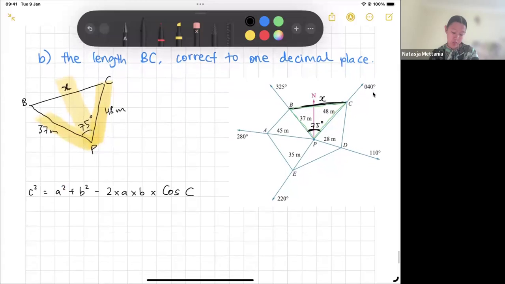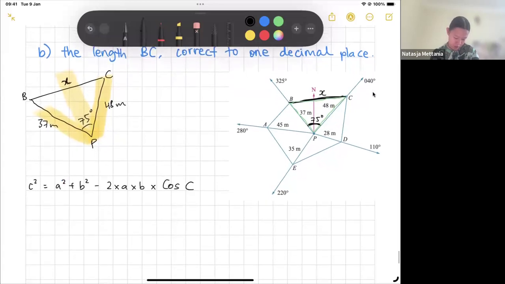Let's substitute the stuff that I know. So x squared equals, my a and b are the 2 lines that come together to make that 75.